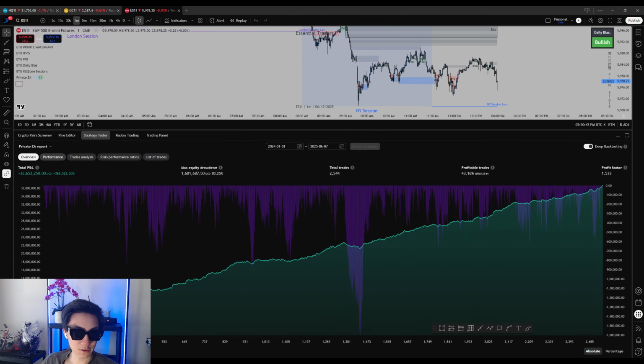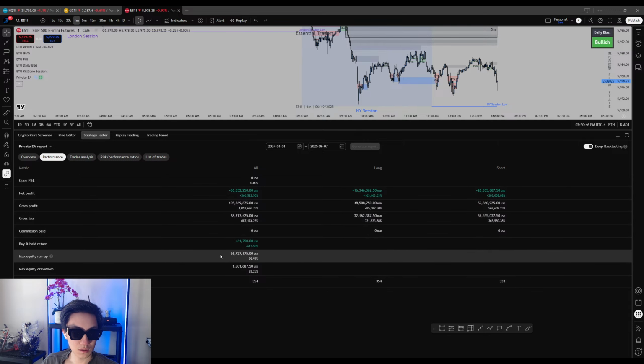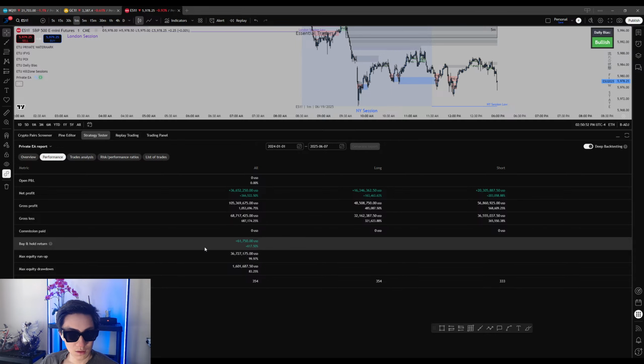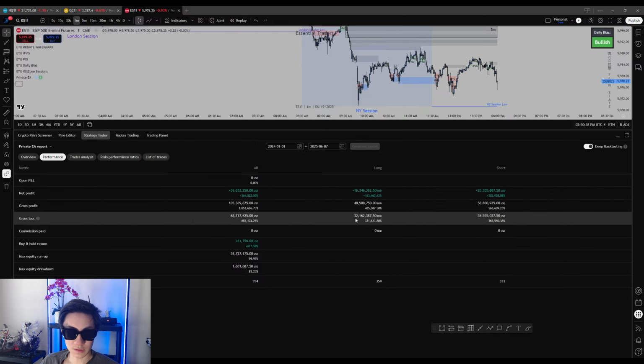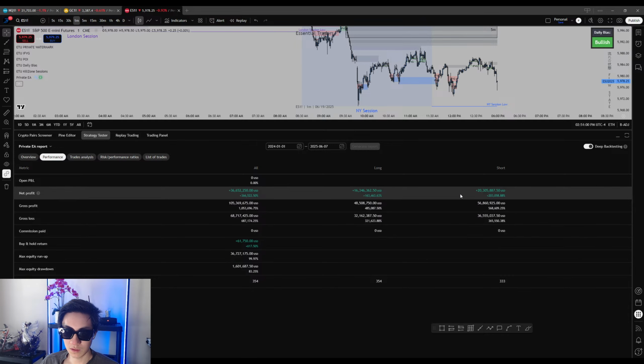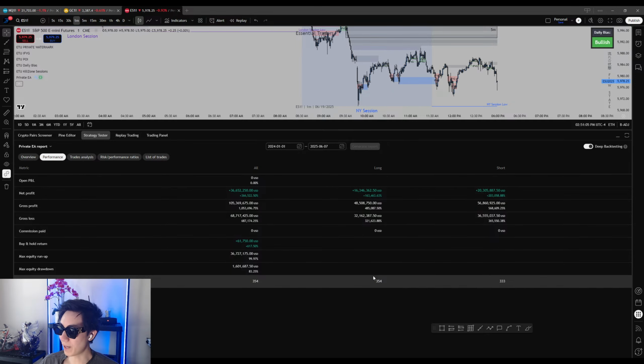So I don't know, but if you want to look at the other metrics here, some of these percentages are kind of weird in how TradingView calculates them. Here's the gross loss and gross profit. You can see my strategy has no bias, like I mentioned.